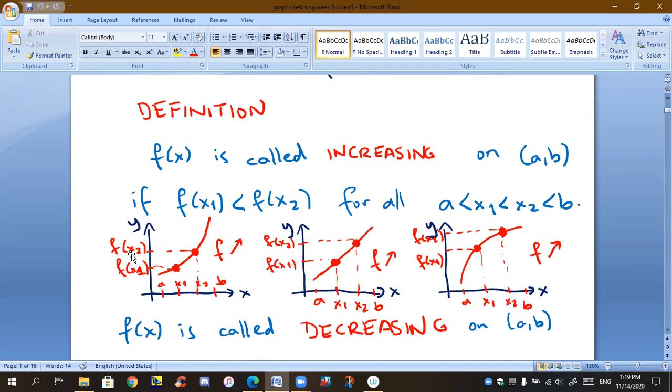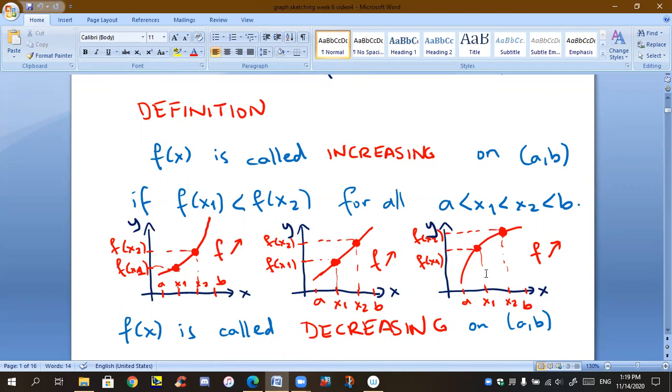We have three types of increasing functions, if we just look at them locally: one like the first picture, one like the middle, and the third like the rightmost one. All of these functions are increasing because when you increase from x1 to x2, f of x1 increases to f of x2.